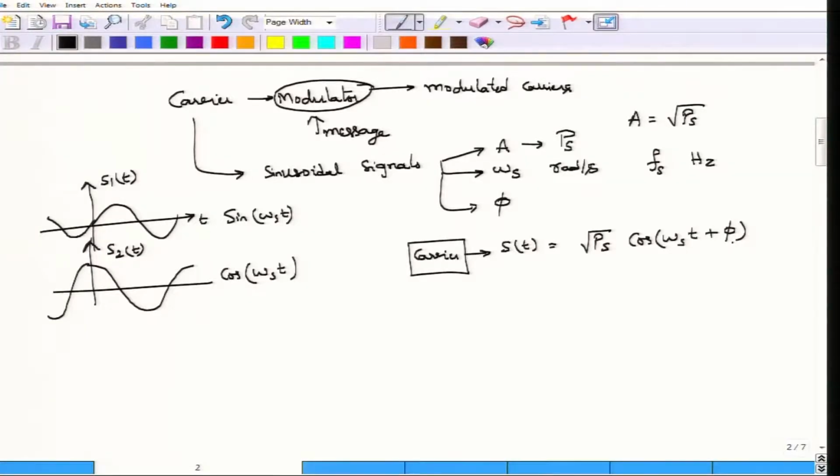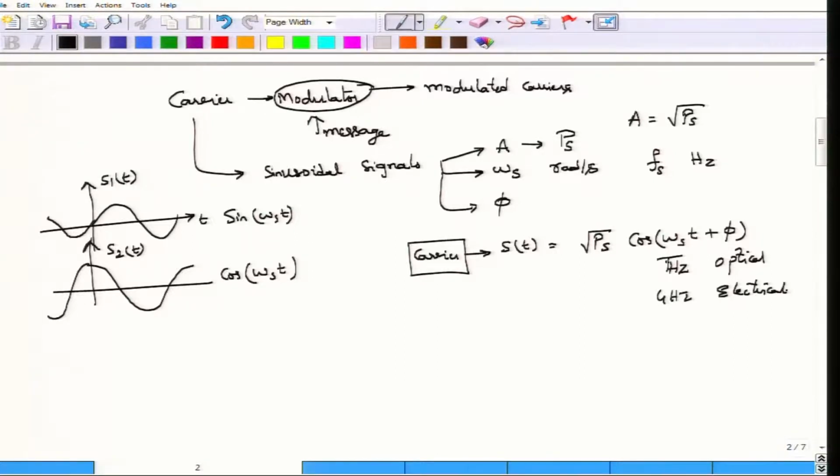It could also represent a nice light optical signal of frequency omega s. The difference is that the frequency omega s is usually very large for optical signals, in the order of terahertz, whereas for electrical signals you normally go up to gigahertz. Gigahertz is normally how much you can push electrical signals.